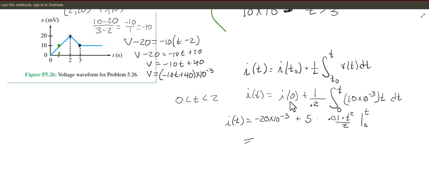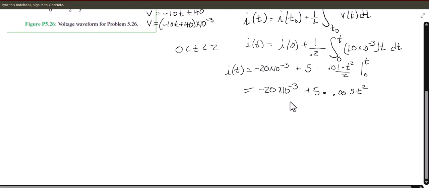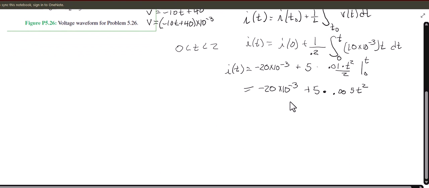So I get negative 20 times 10 to the negative 3 plus 5 times 0.005 t squared. So that's plugging in the t and the 0, which really just doesn't do anything here because it's 0.